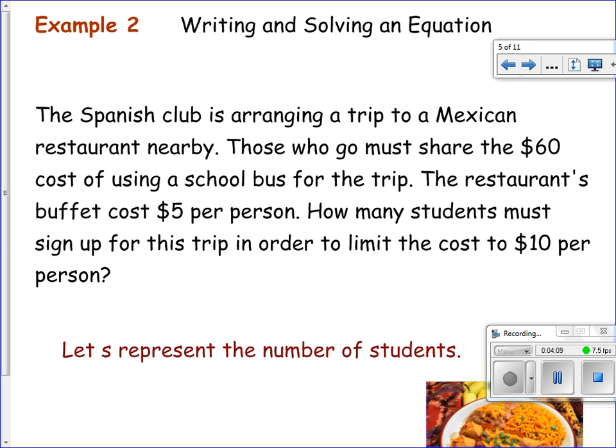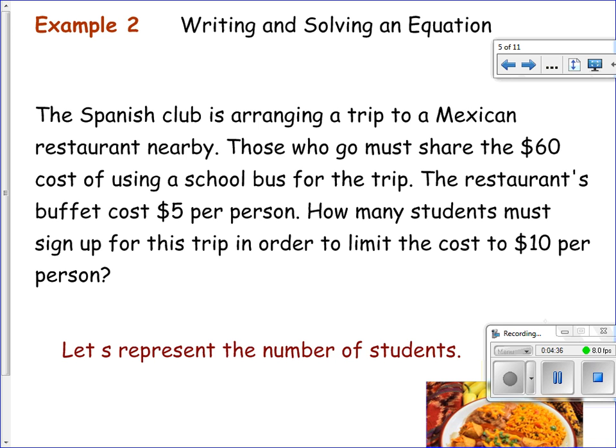Now, this word problem, think about the type of equations we have been using in the previous slides. We have been having a variable plus a constant term equaling another variable with variables on each side. What will our constant term be in this equation? Yes? $5. No, not $5.